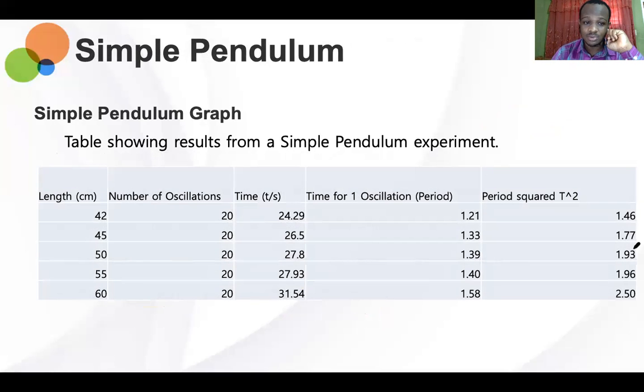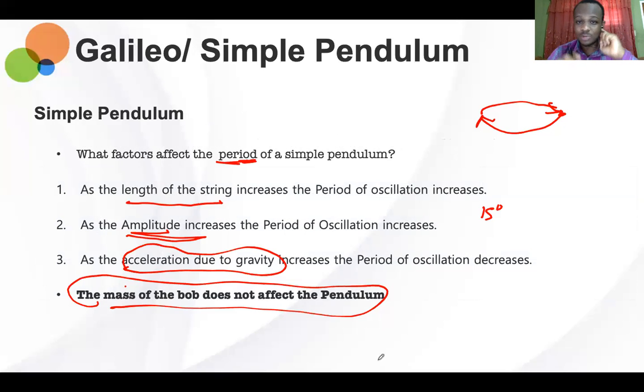Let's see what's happening over here. Okay. All right. So we'll do experiments right now. Let me pause and go over to the simulation now. We're going over to a program that we can use to prove what we just learned a while ago: that the length affects it, the angle affects it, and the mass of the bob does not affect it. We'll prove that now. Just bear with me for a few seconds.